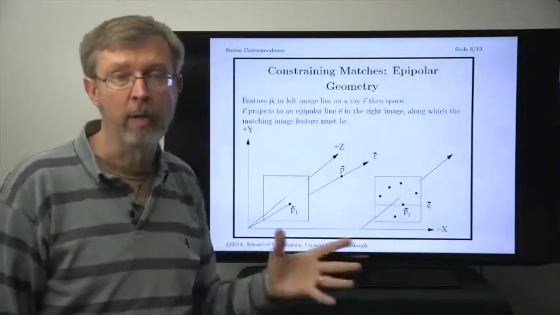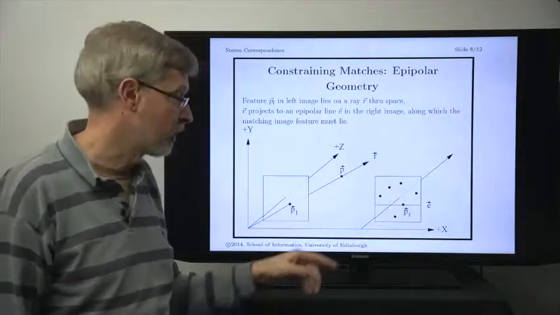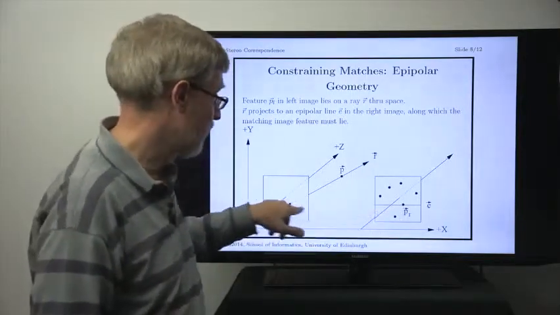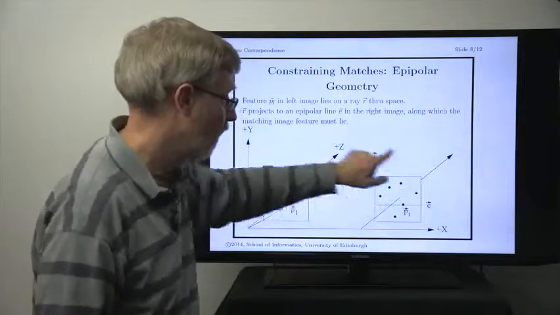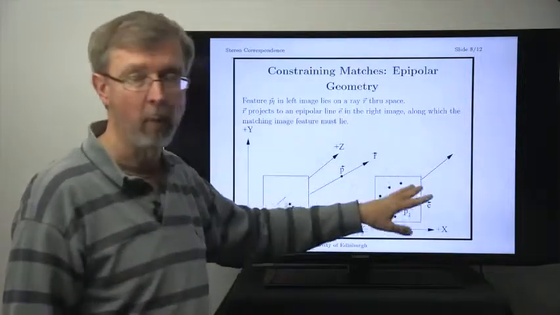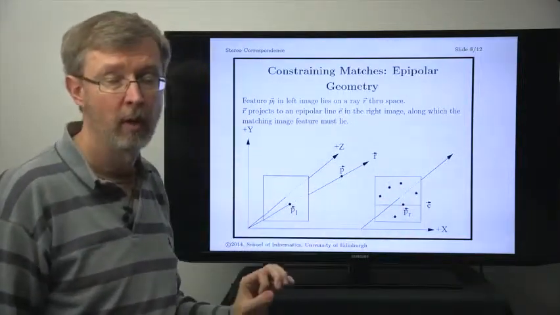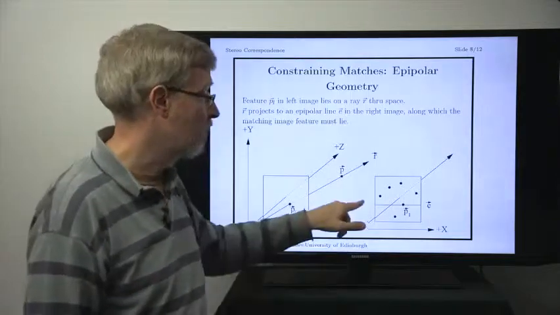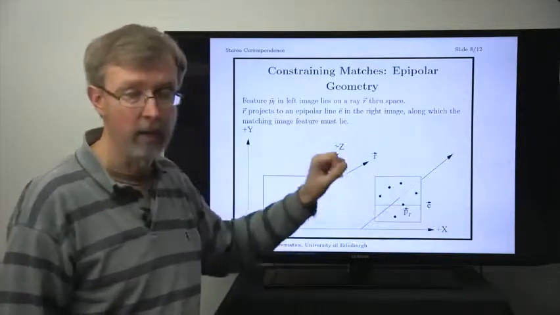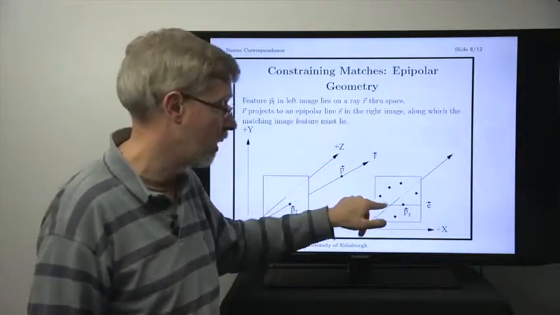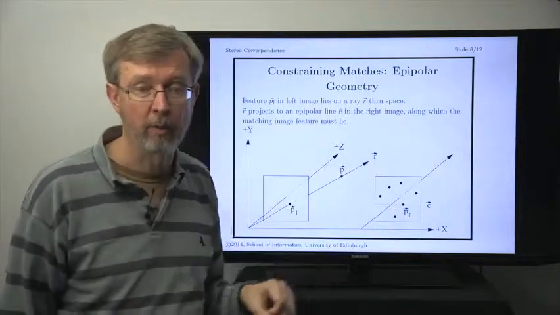That's a great advantage for matching, because instead of having to consider matches between this point P and all possible 2-dimensional points in this image, we've reduced the matching territory down to a single line right here. We only need to consider points that lie on or close to that epipolar line.